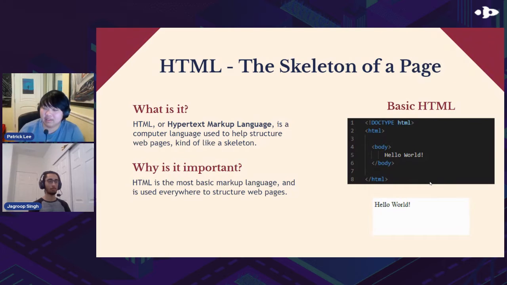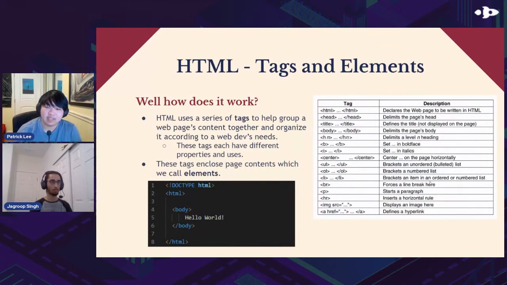On this slide, we have an example of very basic HTML. We'll get more into this on future slides, but as you can see, we just have this text, hello world, organized into different tags. Tags and elements.